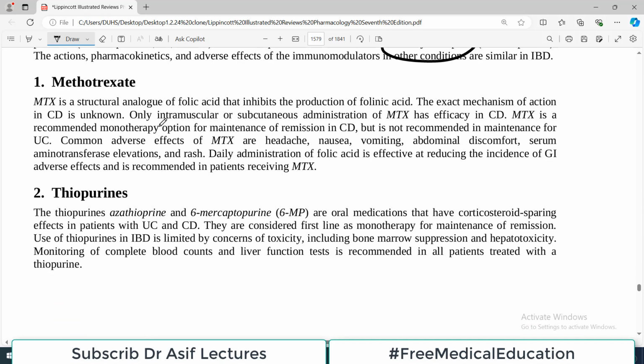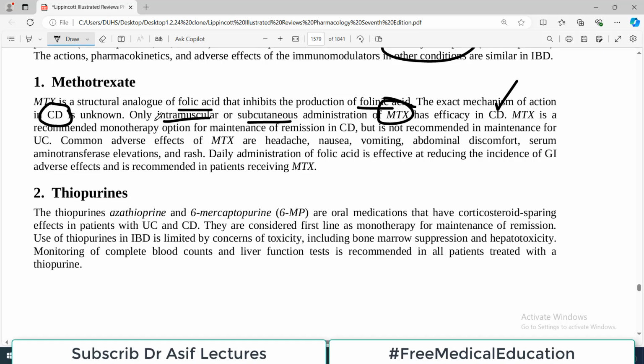Okay, so methotrexate, for example, is actually a structural analog of folic acid, and it inhibits the production of folinic acid. And the exact mechanism of action that works in Crohn's disease, we don't know. Only intramuscular or subcutaneous administration of methotrexate has been known to show efficacy in Crohn's disease.